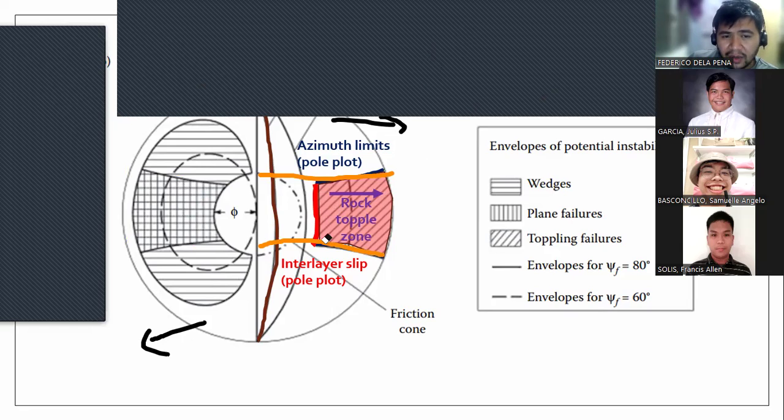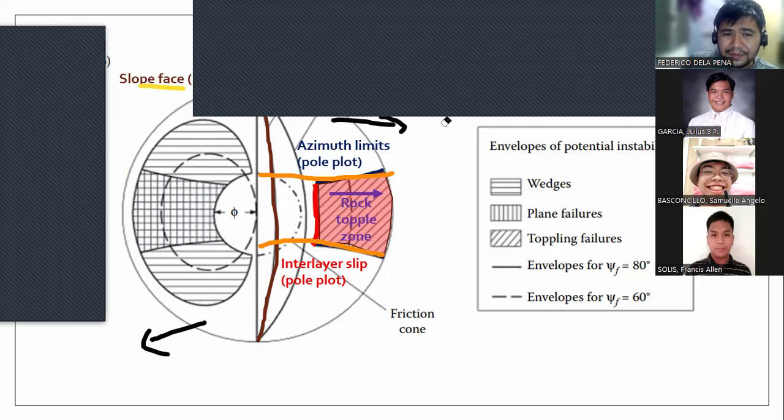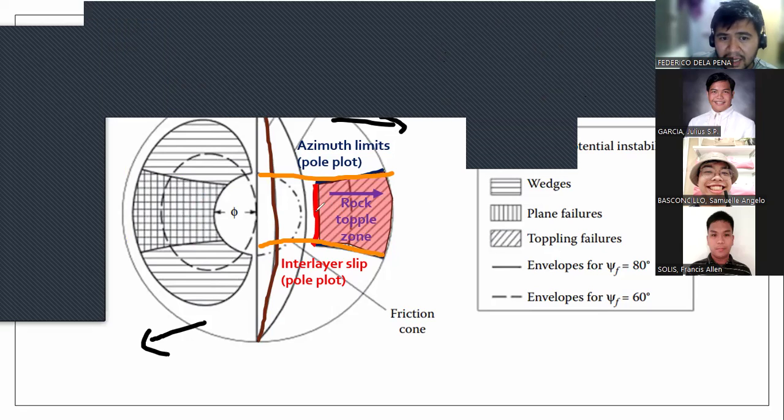So that's criteria one, and then criteria two is basically just the friction and it's the interlayer slip test. Okay. So I'm not going to expound how this was determined, but basically the interlayer slip test is going to fall under this zone.